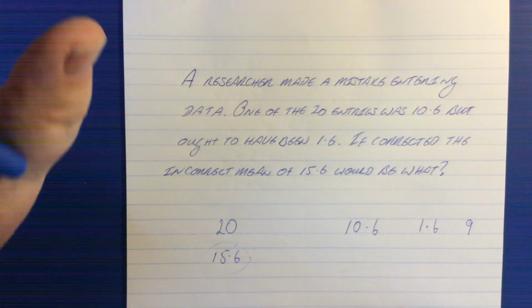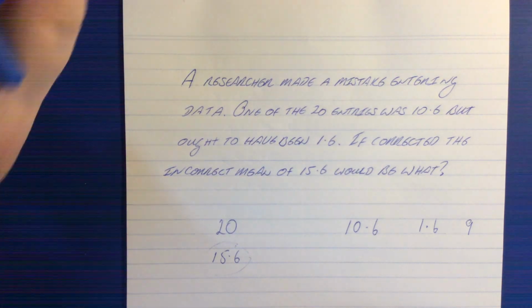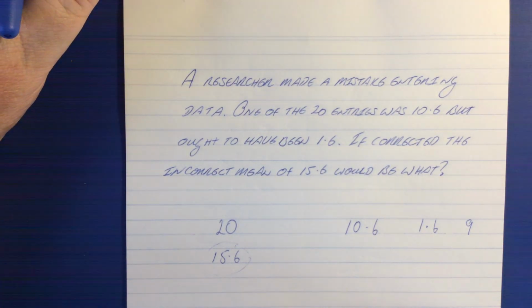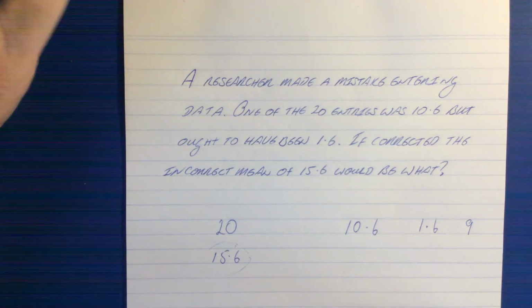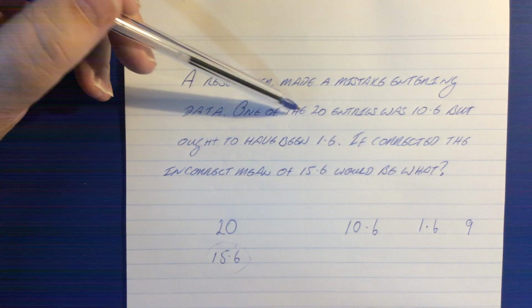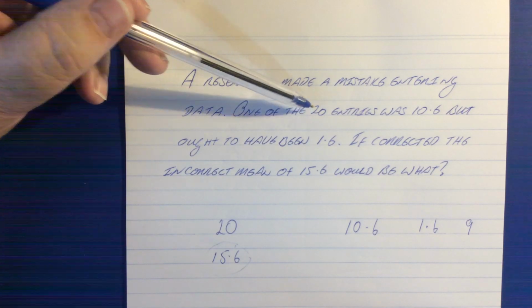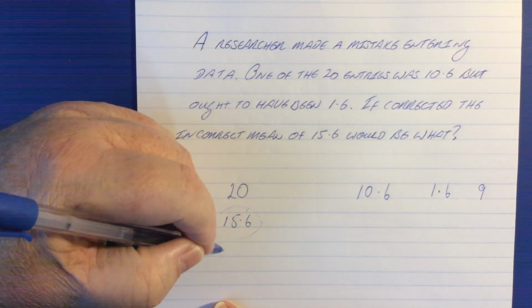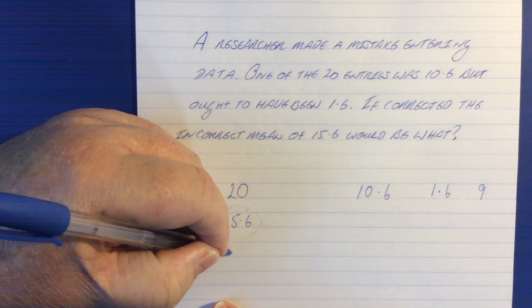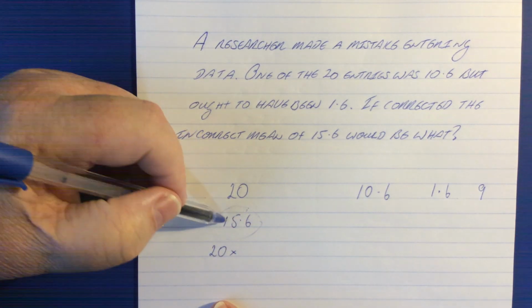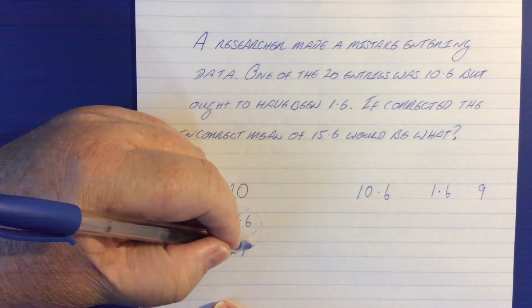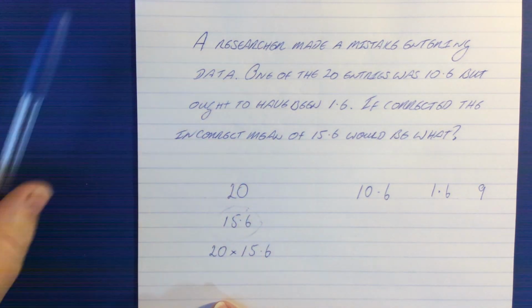Now, what is it that we do to find a mean? Well, we add up all of the pieces of data that we have and we divide them by the number of entries, which means that the total number that was used to get this will be 20 times 15.6.